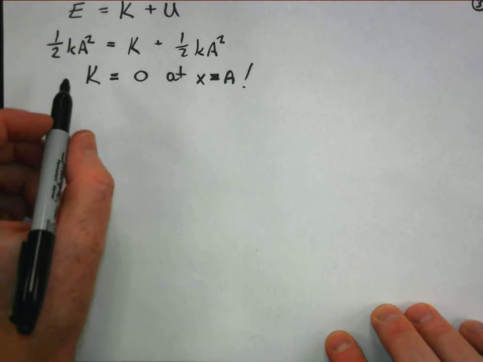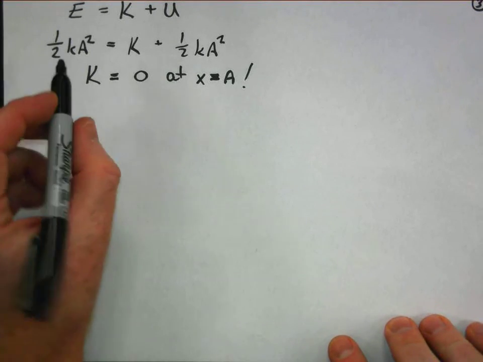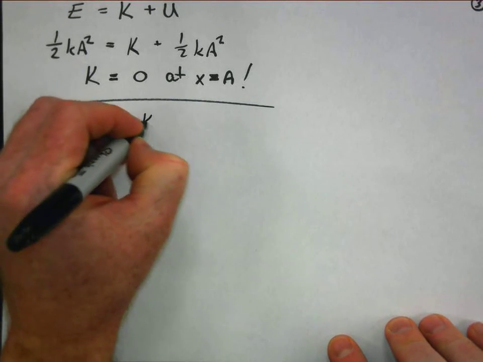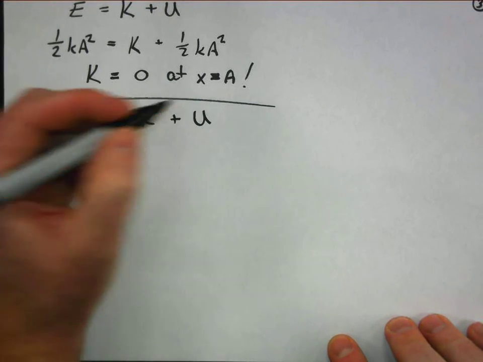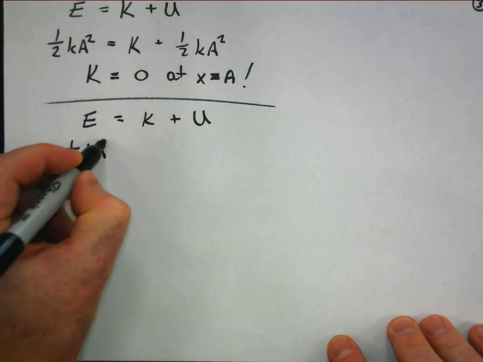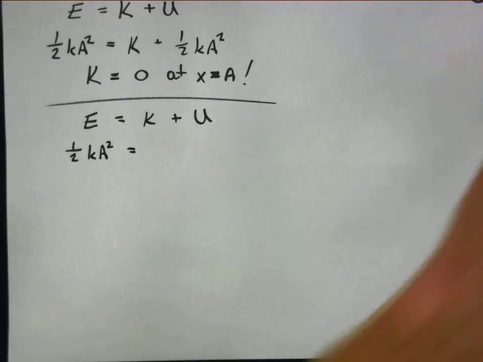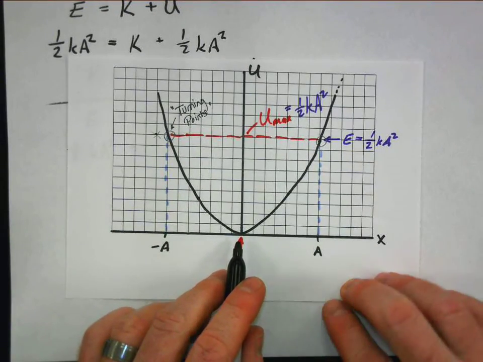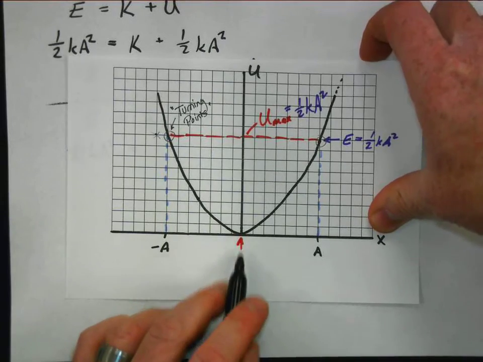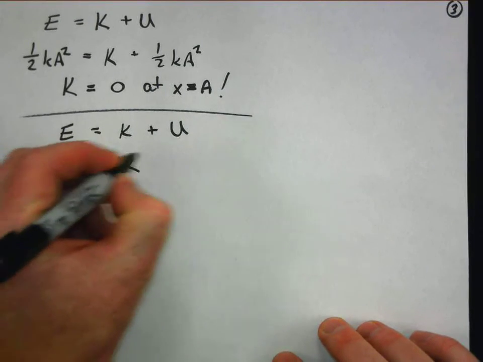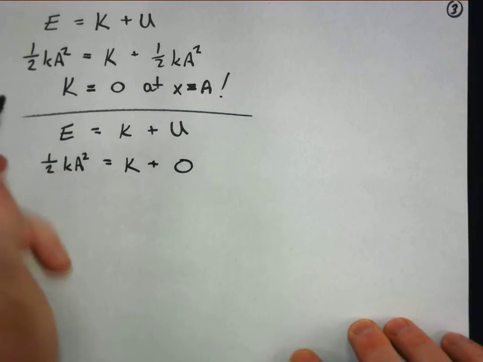So we have now back to sort of the original, 1/2 kA squared. But at this location, from this graph, you can clearly see that there is 0 potential energy at the origin, or equilibrium position. 0 potential energy there, right?